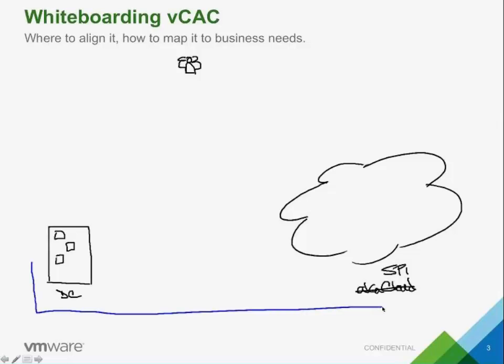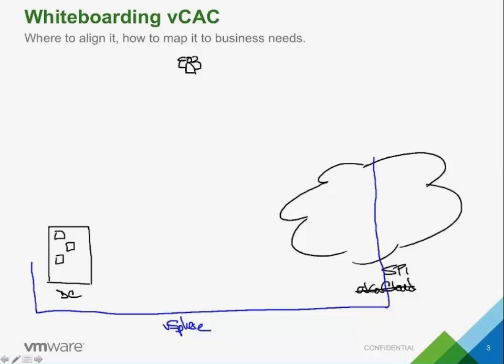So if we start here, and we'll just split that cloud right down the middle, we'll say that we have a fundamental baseline of vSphere. The reason I extended that out into the cloud is because things like vCloud Hybrid Service and DR to the cloud, and all of those cool things that you guys have heard about, and if you haven't heard enough about them, there are more sessions around, are built upon vSphere.